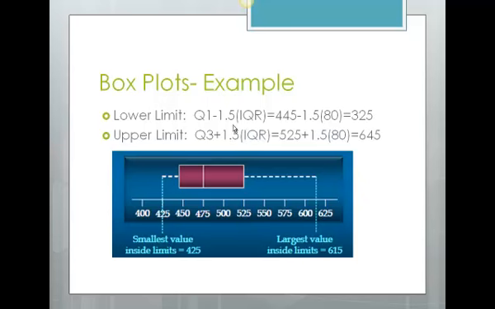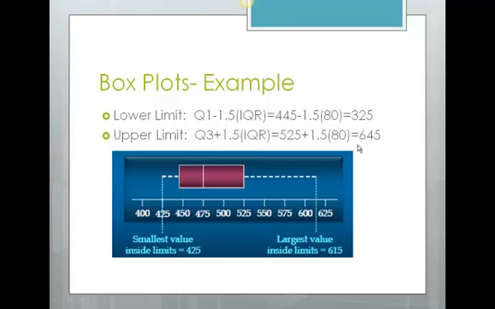Then to get my lower limit, it's my first quartile minus 1.5 times my interquartile range, which is going to give me 325. My upper limit, my third quartile plus 1.5 times my interquartile range, is going to give me 645.